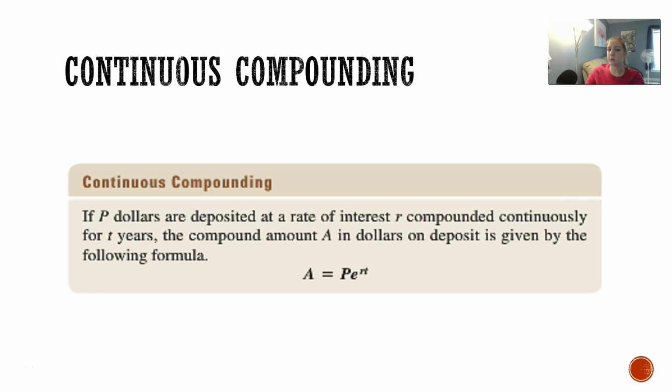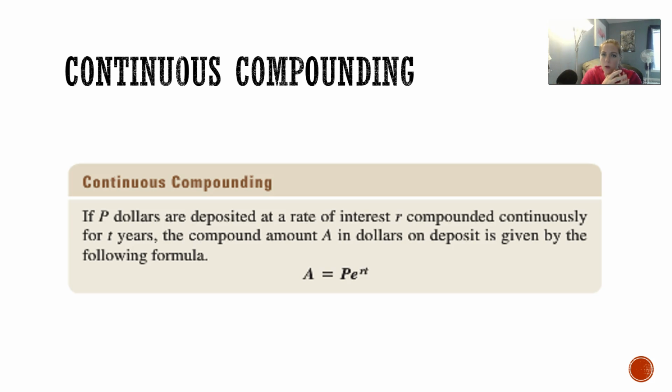Okay, so I want to switch gears slightly. If it's compounding monthly, annually, quarterly, daily, you would use that first formula. But there's also this concept of compounding continuously. Now, compounding continuously is where they just keep on compounding, it just doesn't stop.